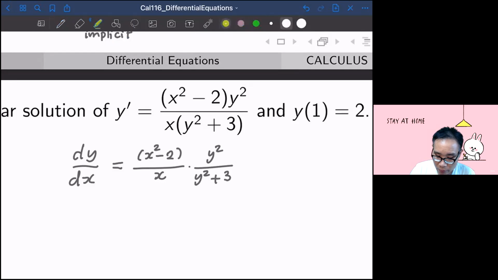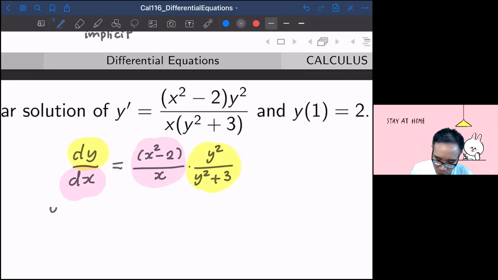So this guy will be the yellow y, okay? And you have the pink one, which is x. So you see that you're going to have to separate the pink one together with the pink one and the yellow one with the yellow one, and make sure that you have dy and dx at the numerator level. You cannot have 1 over dx or 1 over dy in order to be able to integrate them.